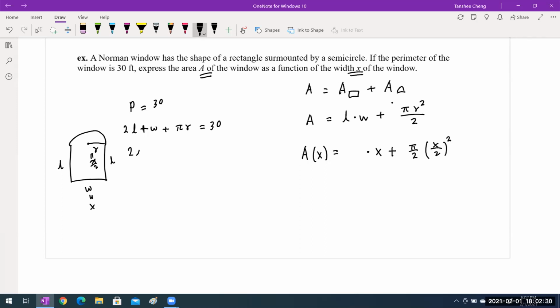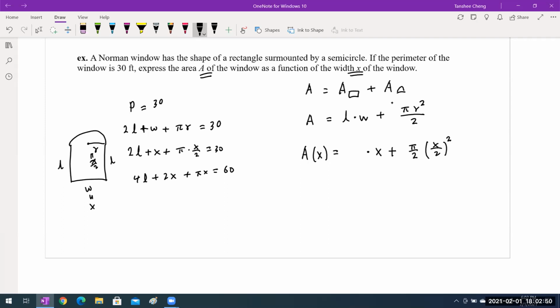So this will be 2L plus x plus pi times x divided by 2, that's my radius, is equal to 30. Multiply everything by 2, which is going to be 4L plus 2x plus pi x is equal to 60.